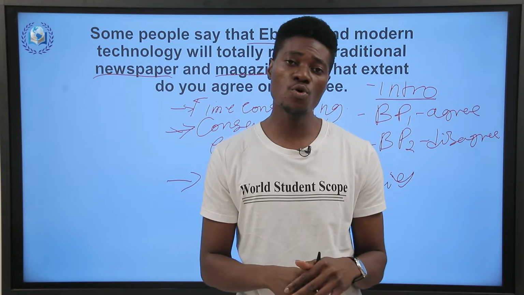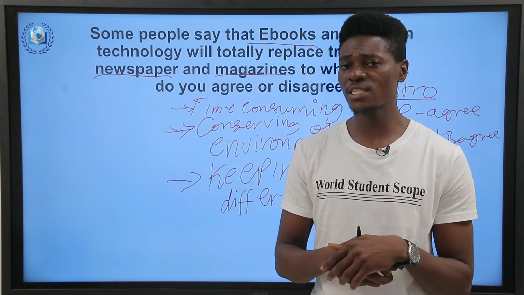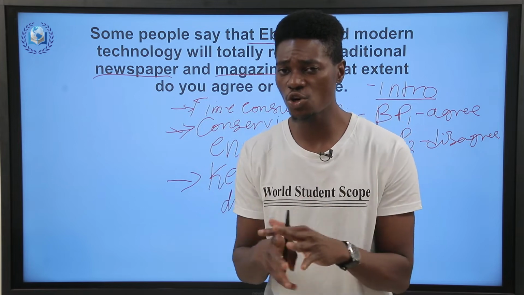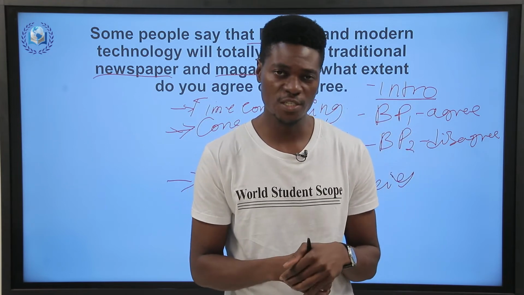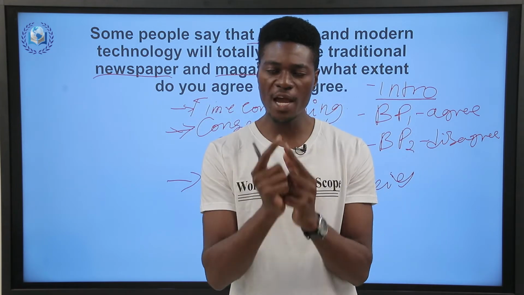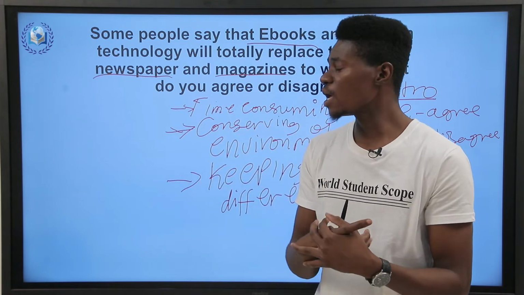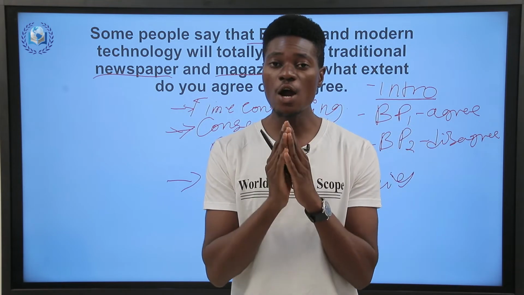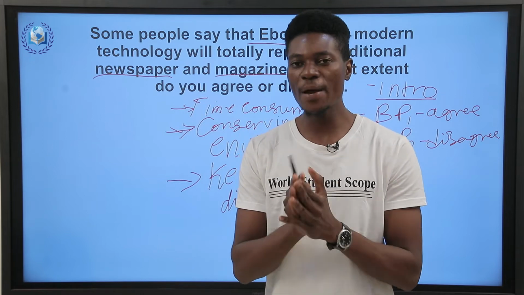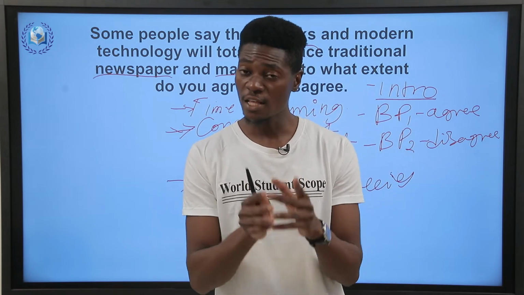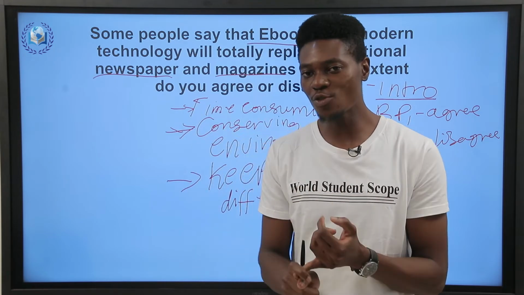The use of e-books will help to provide, I can say, settlement for other species. Take for instance, if you make books, if you make a magazine, if you make a newspaper, now we are using paper. And paper is coming from trees. That means we cut down the trees.